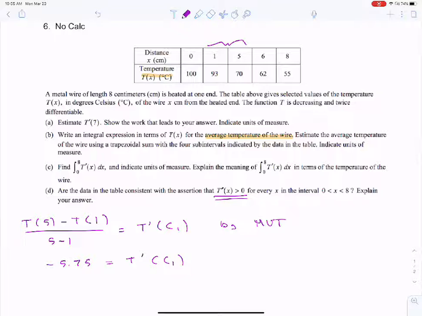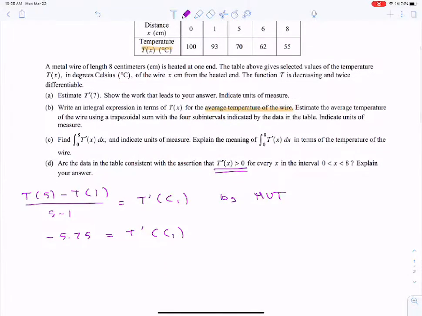Because now that I have that, I'm going to do the same thing I did before. Let me backtrack slightly. I have this, perfect. That's one point. So I have the point C1, negative 5.75, and this is for the T prime function.